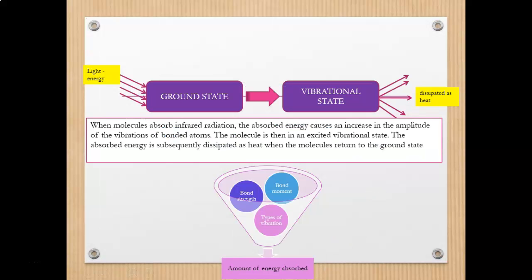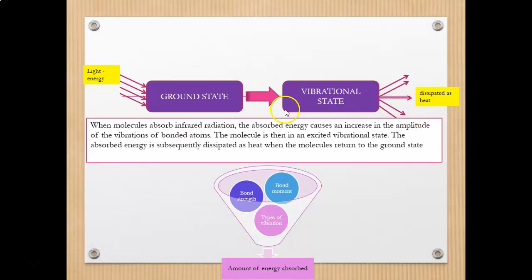When a molecule absorbs infrared radiation, the absorbed energy will cause an increase in the amplitude of the vibration of the bonded atoms. So light energy will be absorbed by the molecule in the ground state. After that, the molecule will start to vibrate.